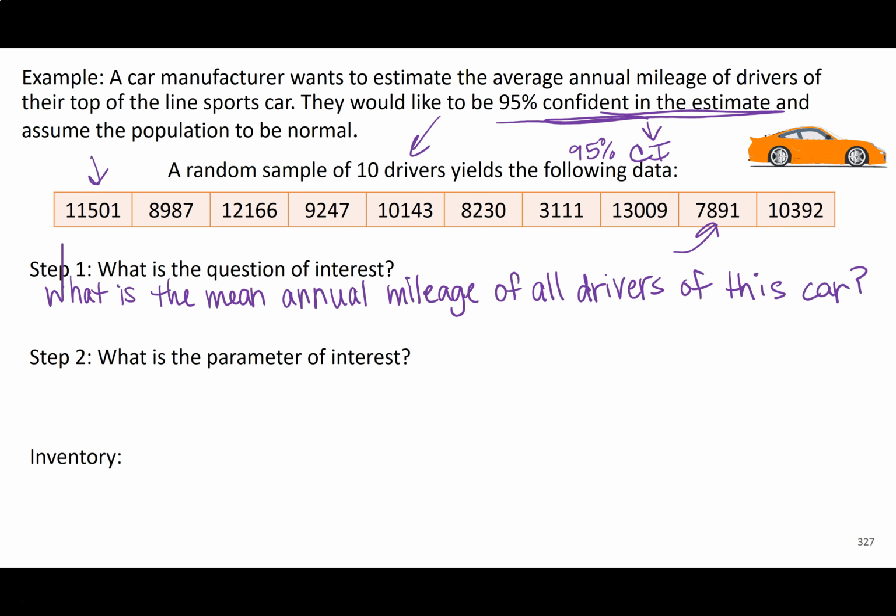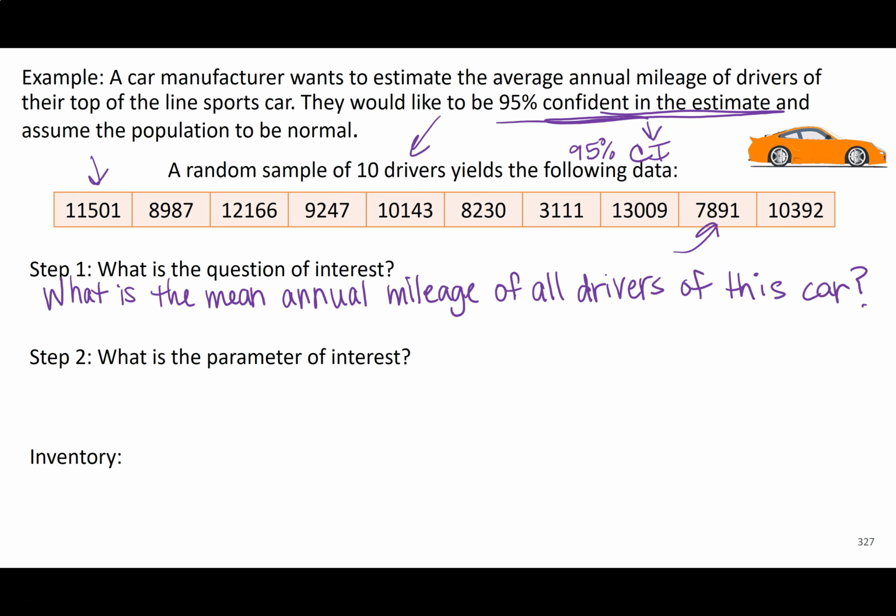You could probably get more specific, ask in that given year, in wherever country they picked. But I'm just going to go with this. So what is the mean? This is my parameter I'm looking at. And then annual mileage, that's my variable of interest. And then all drivers of this car, that's my population.